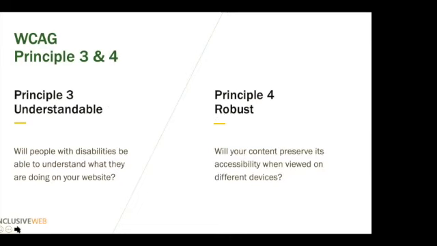So principle 3 is understandable. And it basically speaks to, will people with disabilities be able to understand what they're doing on your website? In the case of, let's say, filling out a job application, and I think we've all at this point filled out an online job application and have felt those frustrations, right?